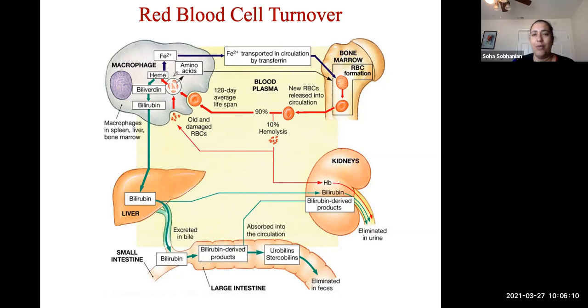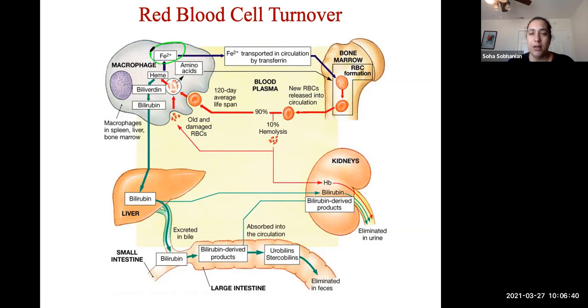One part of it is heme, right? Heme becomes bilirubin. Bilirubin goes to your liver, goes through the digestive system, and is eliminated as part of fecal matter. Bilirubin can also go to the liver and then to your kidney and become part of your urine. As I said, the yellow color of urine is partially associated with bilirubin.